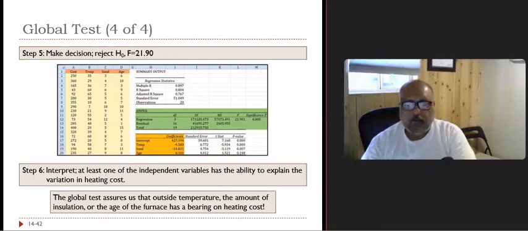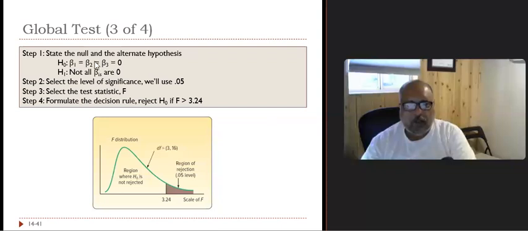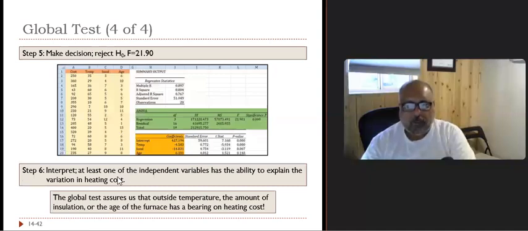It says that the null hypothesis is not true. That means at least one of the independent variables has the ability to explain variation in heating costs. So there is a dependency. We can't say that none of the independent variables have any effect on the dependent variable.